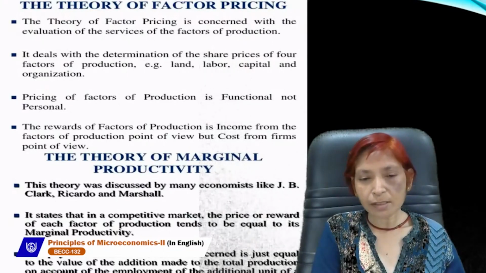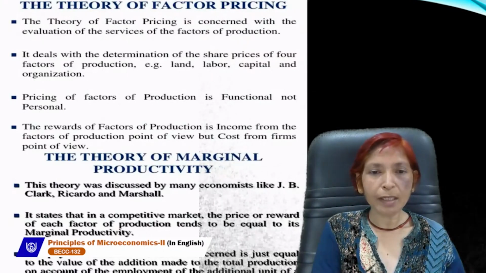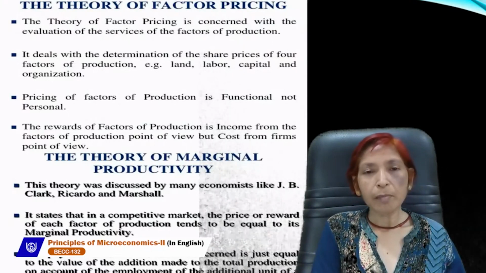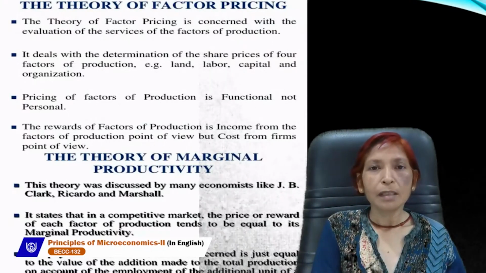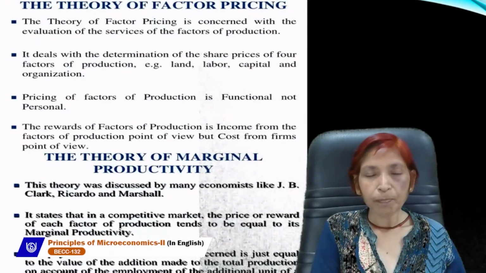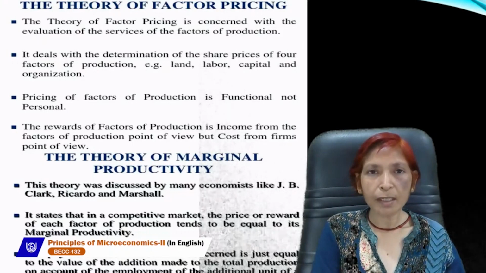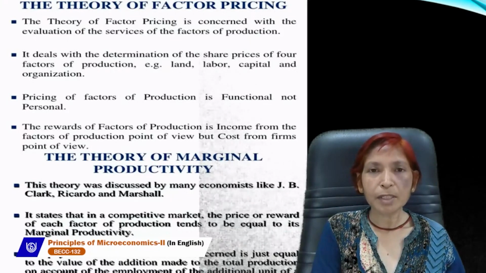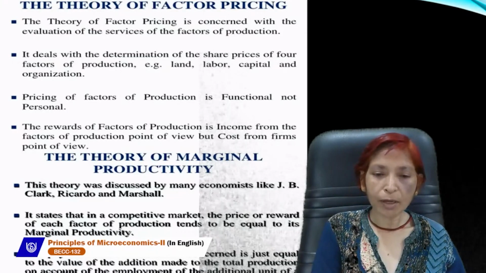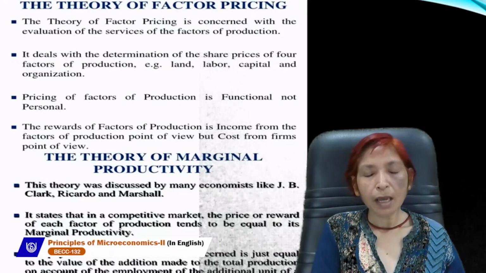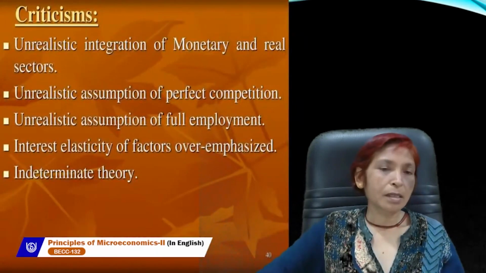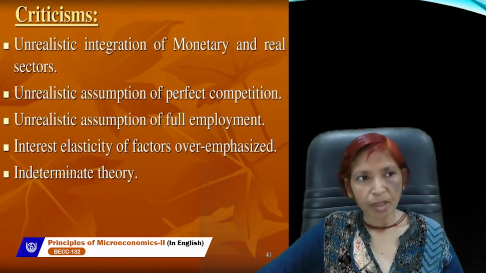As we have discussed what the marginal productivity concept is and how we can define it, the MP concept has different types we can explain, like MRP, value of marginal product, and by using the formula we can get MPP, MRP, and VMP also. Next is criticism of this theory.